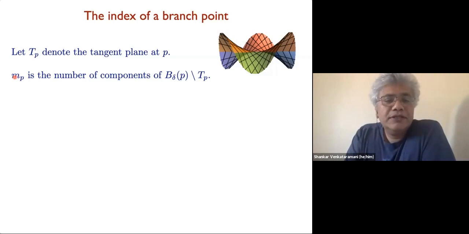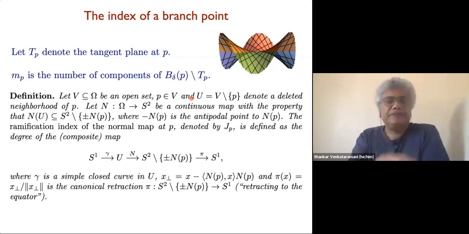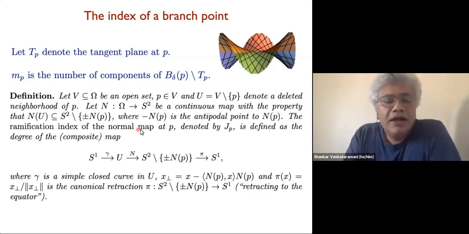We want to show that this is also related to this topological kind of index, which had to do with the winding number of the normal. So here is the idea. There's a lot of words, but let me just point to this equation. S^1 is a circle. You can embed it in your surface.